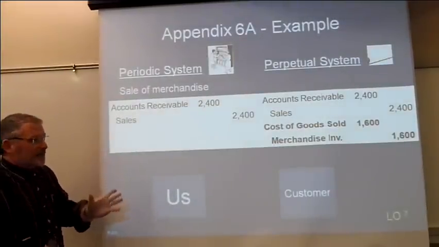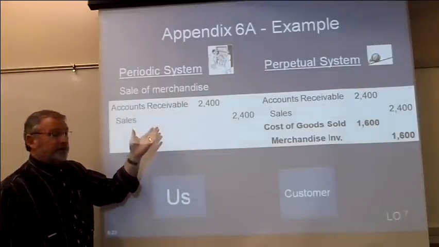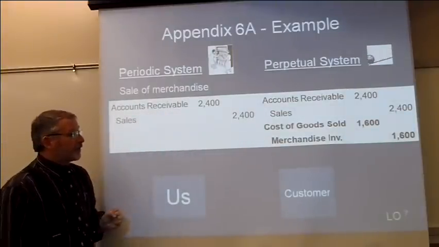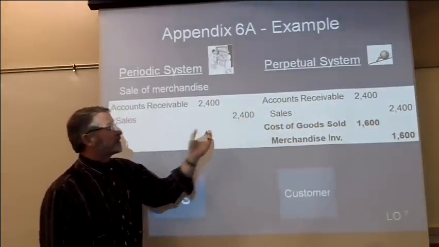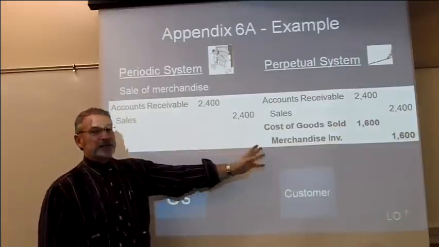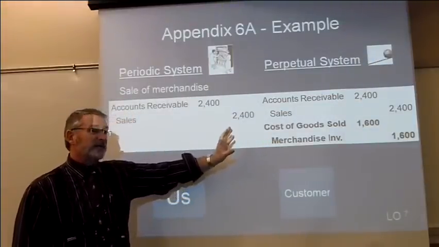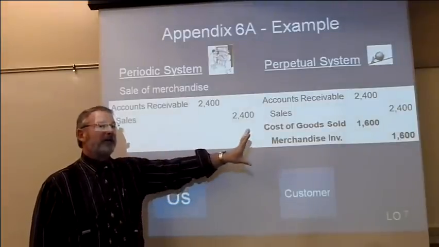So what happens when we sell stuff? Not surprisingly, when we sell something to a customer, we debit accounts receivable and we credit sales. We did that in the perpetual system and we did it in the periodic system. Under the perpetual system, we had, though, this second part of the entry where we had to record and update inventory for the fact that we don't have that inventory anymore.